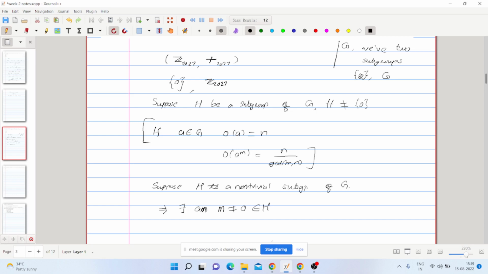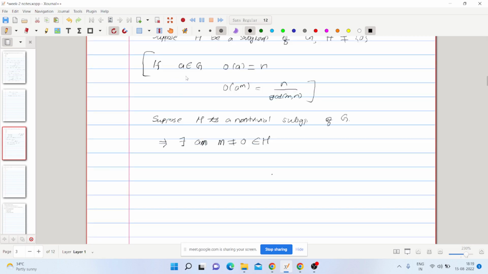Is this clear? Yes. Okay. Here instead of A, we are taking the element 1 in G. What is the order of 1?